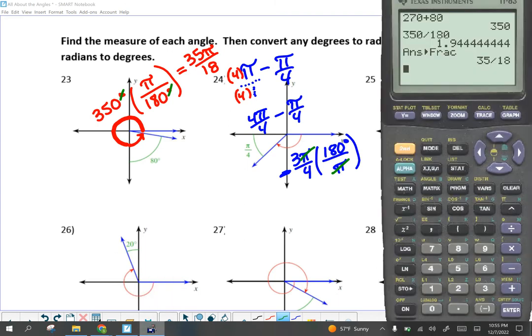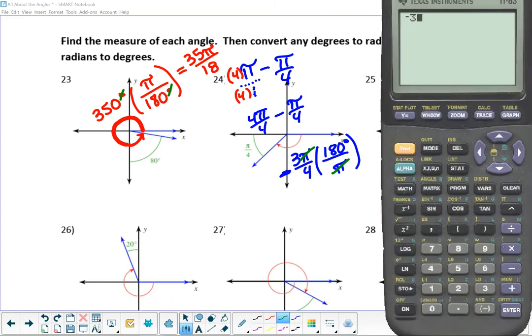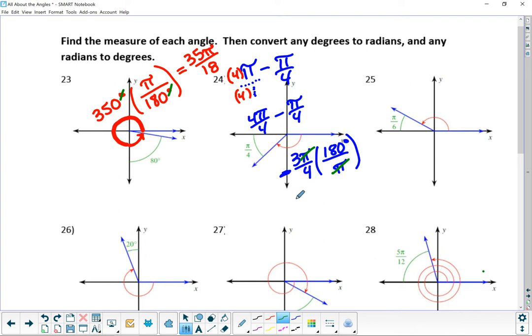Again, I'm going to utilize my calculator for that. So negative 3 times 180. Oops, I forgot to put parentheses. So I'm going to work this part first. Hit enter and then divide it by 4. And that's negative 135 degrees. So this is equivalent to negative 135 degrees.